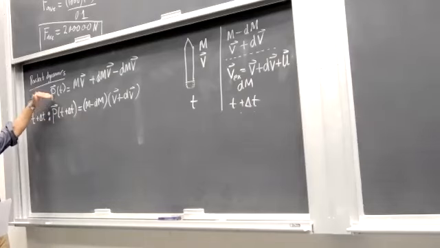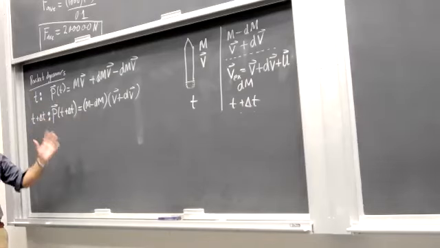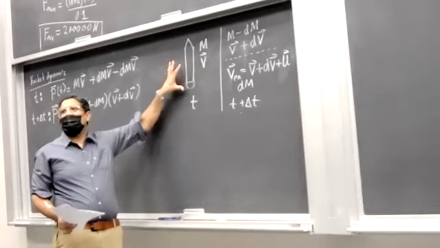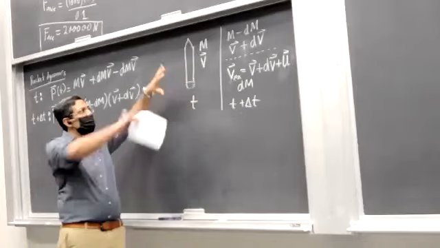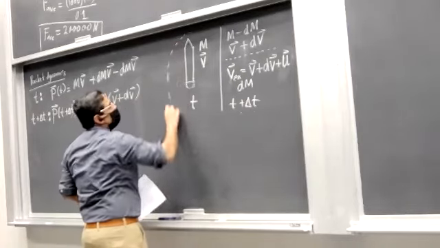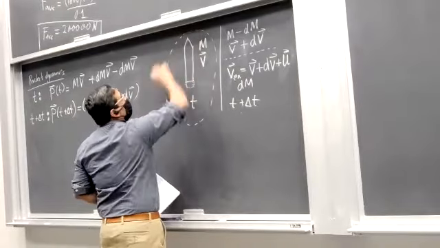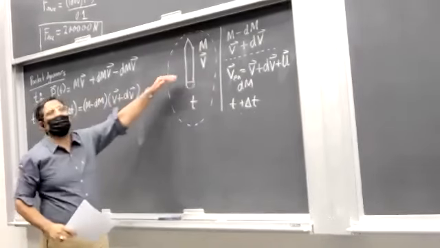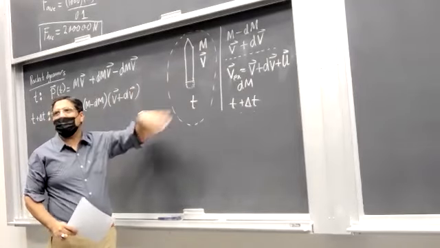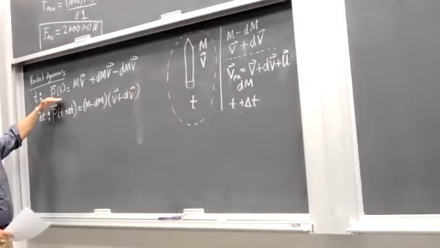Both these momenta include everything: the exhaust, both when it was part of the rocket and when it has been exhausted. So now I'm expanding the definition of the system. This is the boundary of the system. Whether the exhaust was part of the rocket or has been exhausted, that still remains my total system.